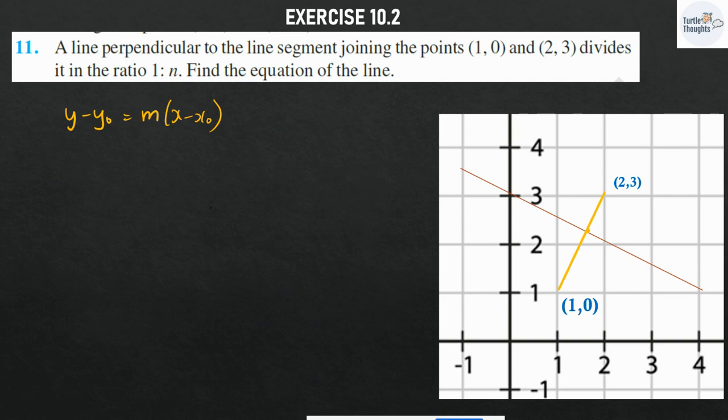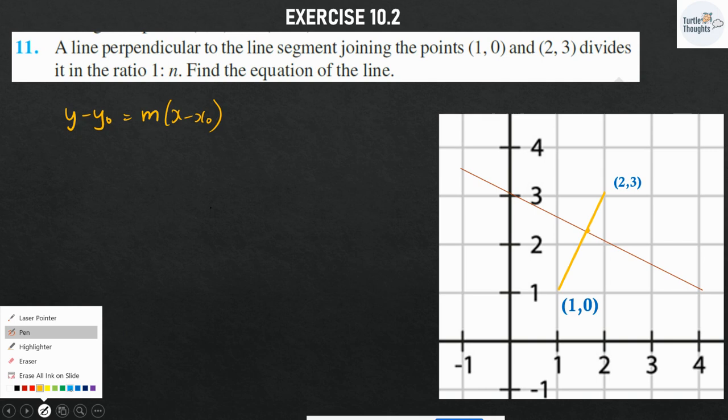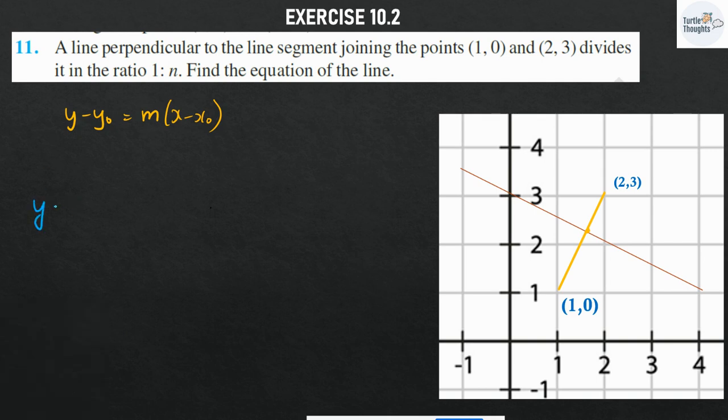So upon doing that, I will be getting y minus 3 divided by 1 plus n, which is going to be equal to minus 1 by 3, the slope, multiplied by x minus x naught. So what will I be getting there? Minus 1 minus 2 plus n divided by 1 plus n. So this is what I'll be getting when I substitute x naught and y naught.